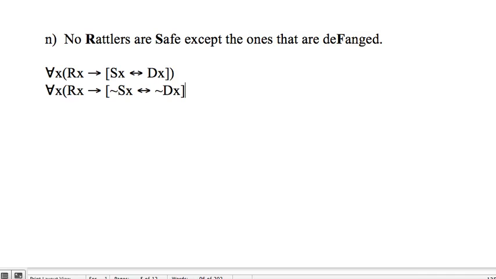But that almost certainly will strike you as more awkward, and so most of you, I suspect, will prefer the first translation. Either is correct, and there is even another way we could do it, but we'll leave it at this for the time being. Safe if and only if defanged. That's what we're being told about rattlers.